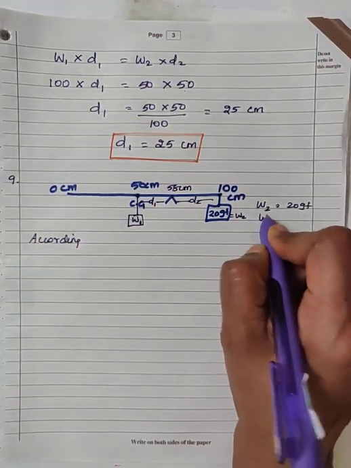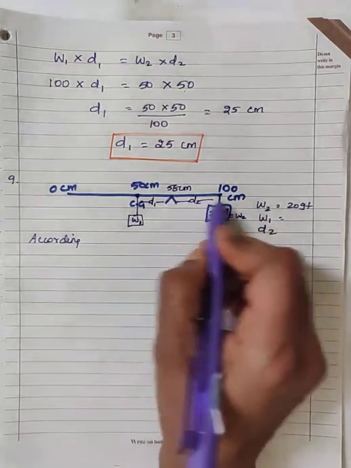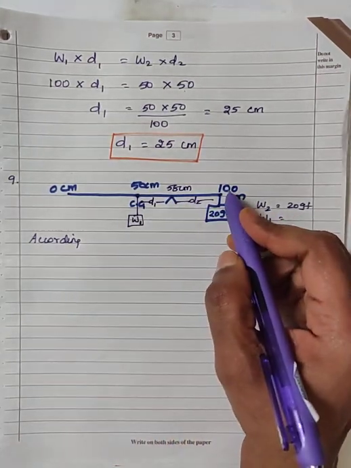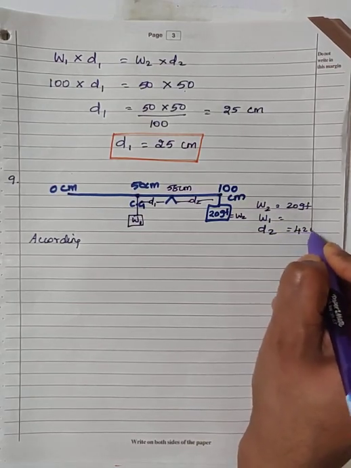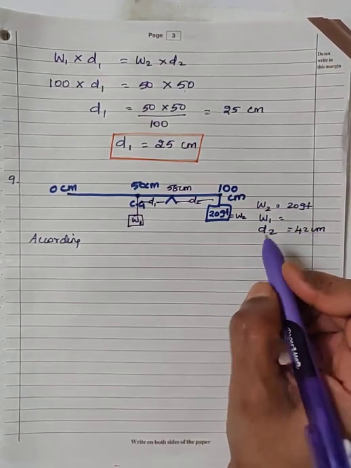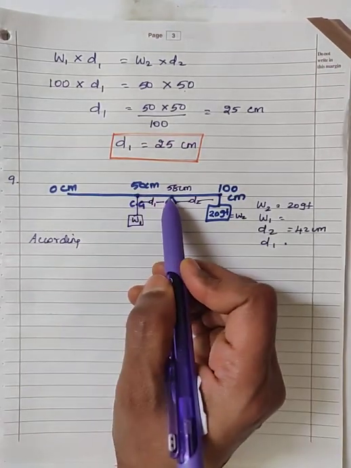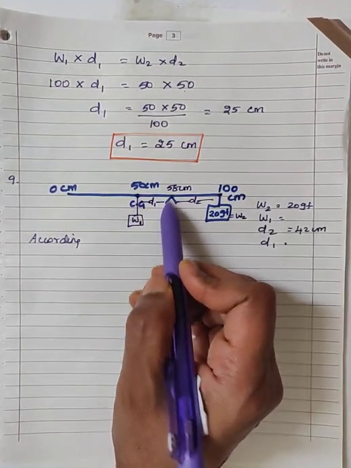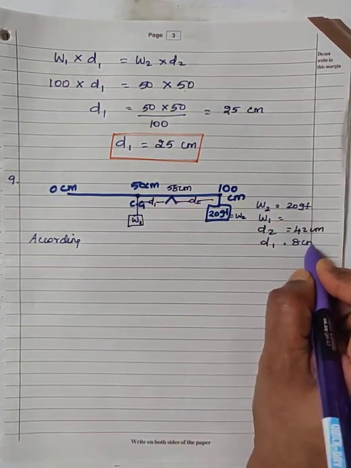Here in the data, W1 you are asked to calculate and D2 is equal to 100 minus 58, which is equal to 42 centimeter, and D1 is equal to the distance between the center of gravity and the balancing point, which is 58 minus 50, equal to 8 centimeter.